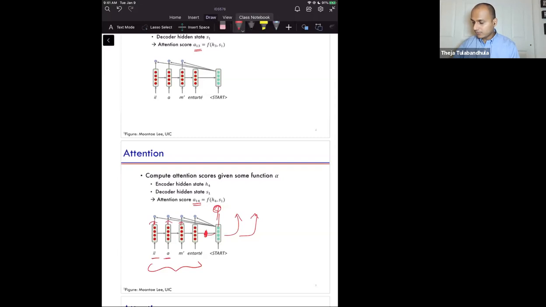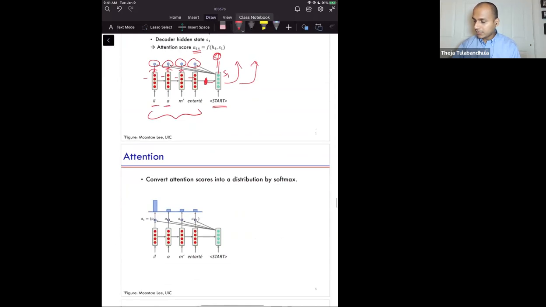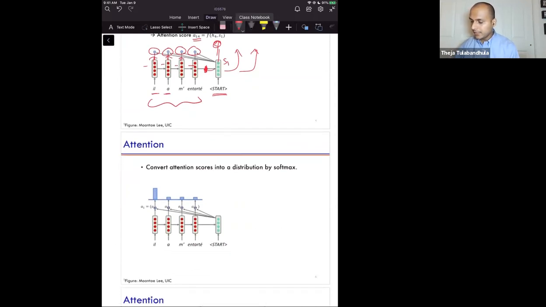So let's come back to our story. We have just S1. We used S1 and every hidden output to produce 4 numbers in this example. Now we're going to renormalize those 4 numbers, let's call them A1. We're going to use a simple softmax operation to convert them into numbers between 0 and 1. In fact, we make it a probability distribution.